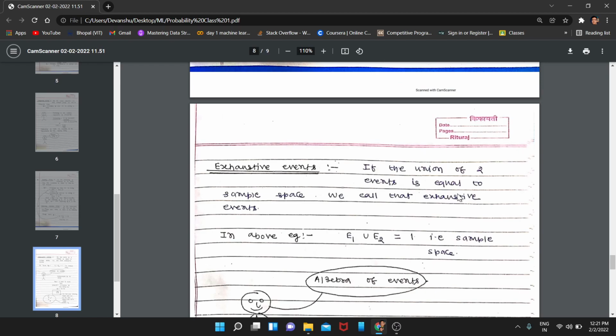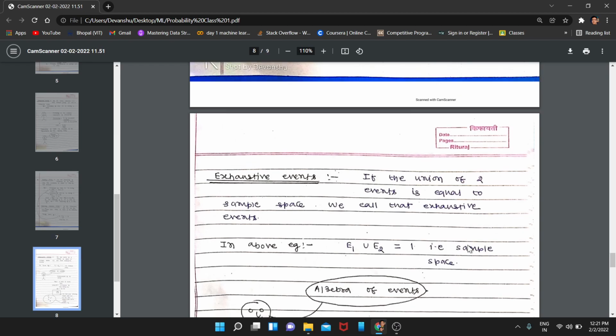What are the exhaustive events? If we do the union of two events, and that union is equal to the sample space, then those events are known as exhaustive events. In the above example, E1 and E2, E1 union E2 is equal to the sample space. What is E1?